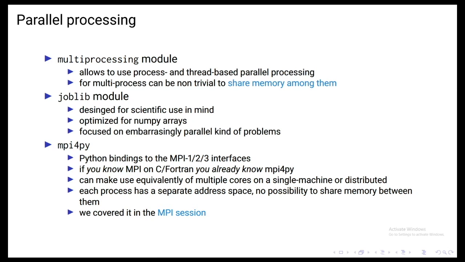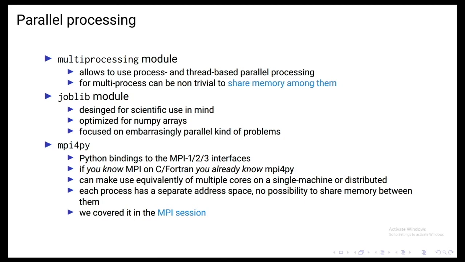It's a standard on how to achieve that, how to implement that. Then you have different implementations in C, Fortran, C++, and you have the MPI for Py extension, which is basically a wrapper of the C++ MPI implementation.